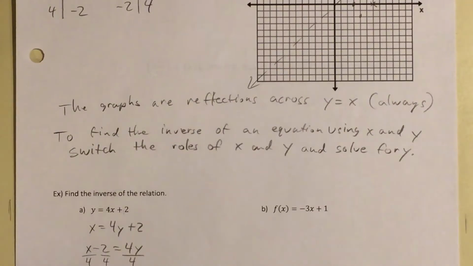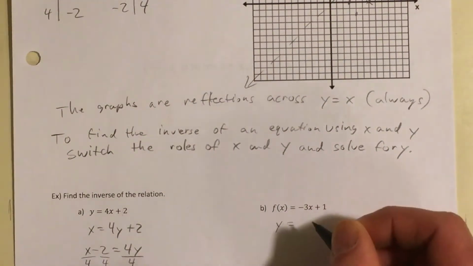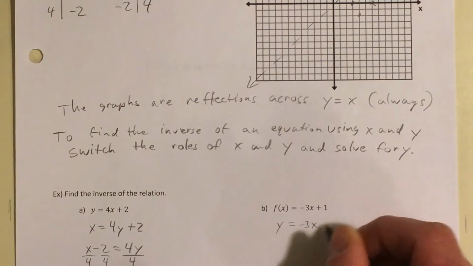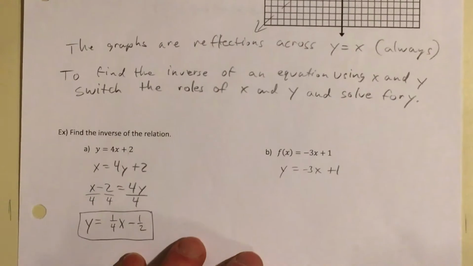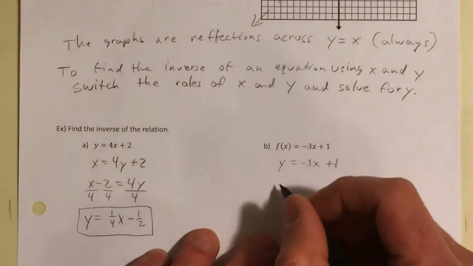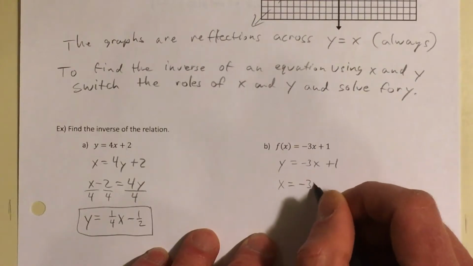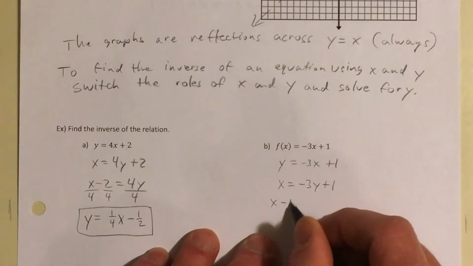All right, let's move on to one that's in function notation. Well, first thing, we'll just get rid of that function notation. And now we can swap x and, oh, whoops, sorry. I had that hidden, didn't I? I'll swap x and y. Subtract 1 over.